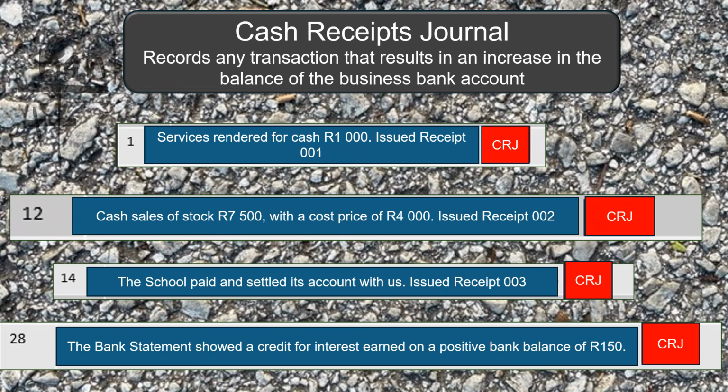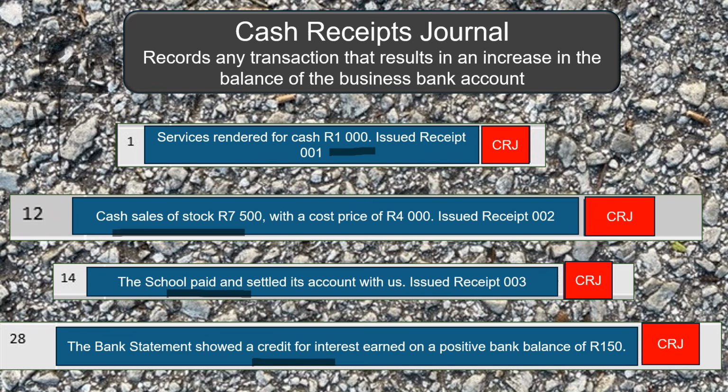For example, services rendered for cash, a cash sale of stock, if a debtor pays us, we're going to record that in the cash receipts journal.